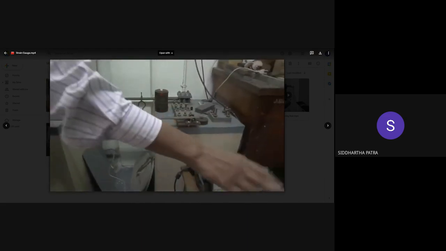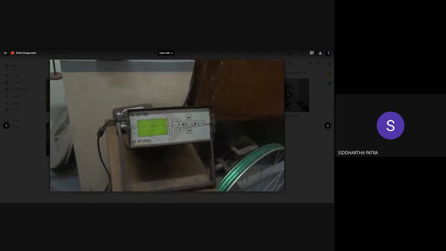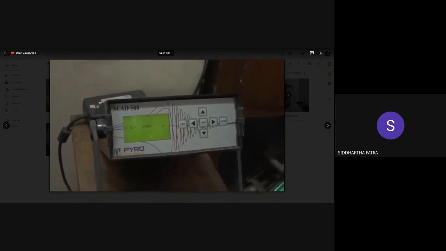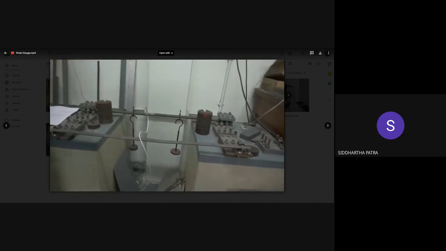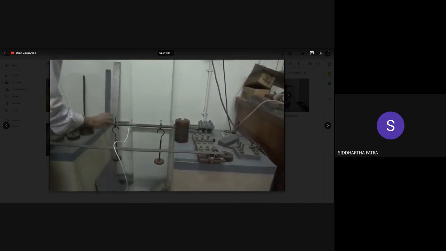Kindly take the value after it becomes steady. Now I will increase the loading by 2 pound at each loading location.